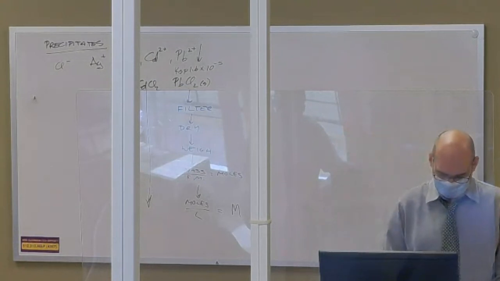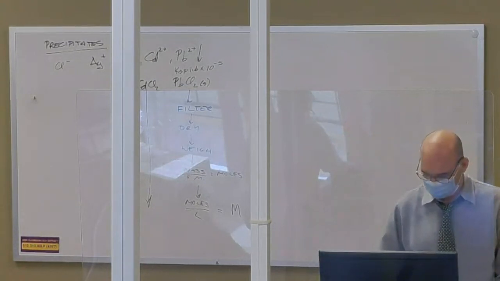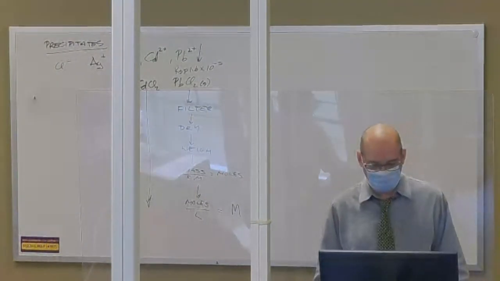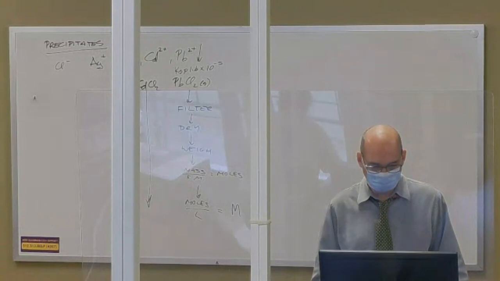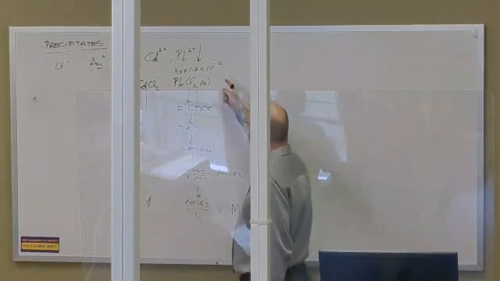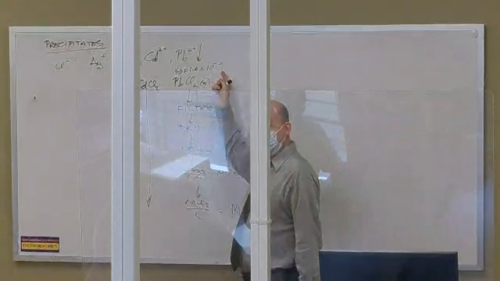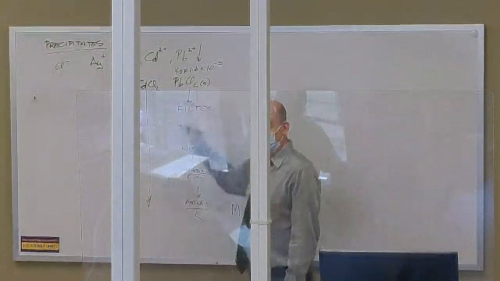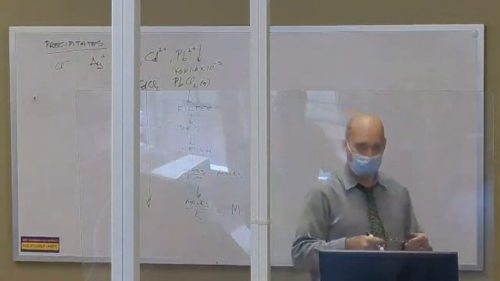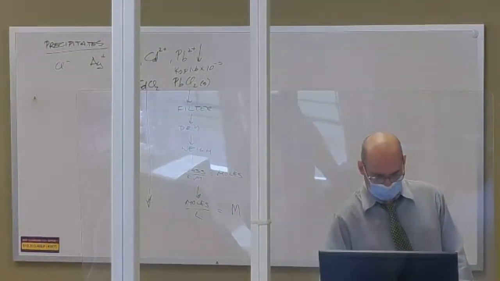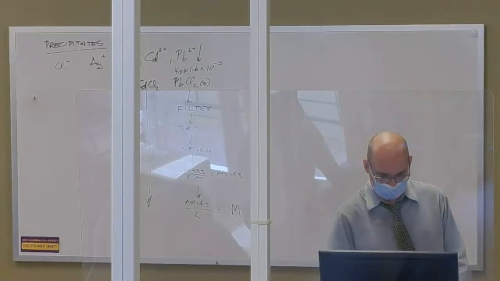Could it be bigger? Yeah. 10 to the negative 5 is not so bad. Not so bad. We're going to see some Ksps that are ridiculously small. Okay, now can I find cadmium chloride? Cadmium chloride.